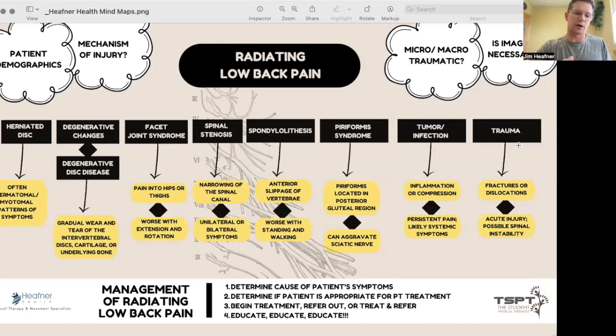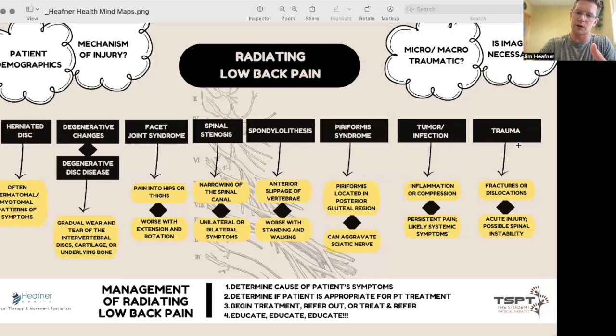All of these things, herniated discs, facet syndrome, spinal stenosis, spondylolisthesis, piriformis syndrome, they all can create radiating symptoms down the leg. Our treatment approach needs to be identifying what aggravates and alleviates symptoms, identifying what the mechanism of injury is, identifying the patient demographics, because that's going to cue us into what structure is involved.